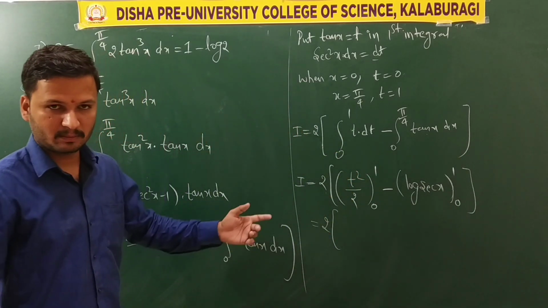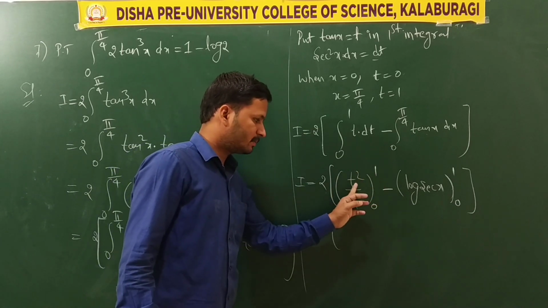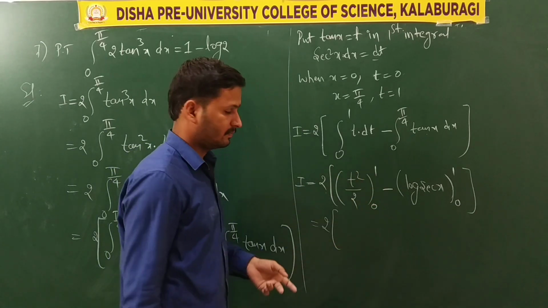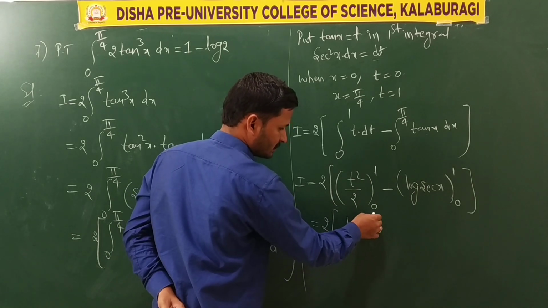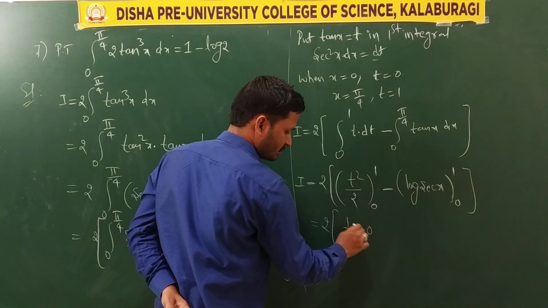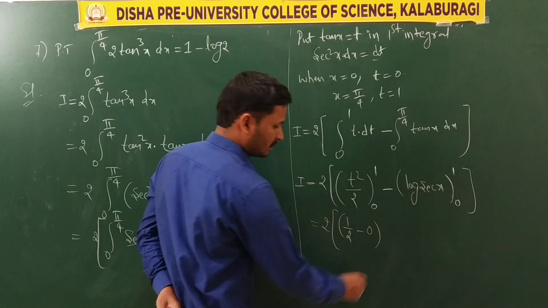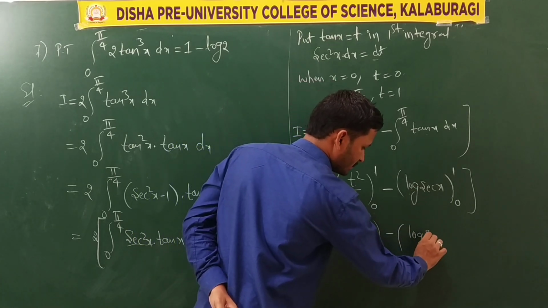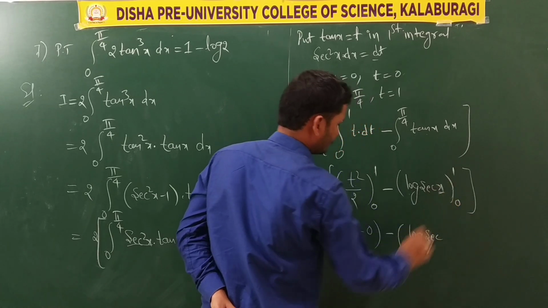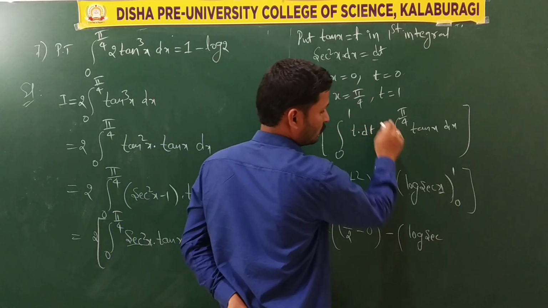According to the fundamental theorem of calculus, substitute the upper and lower limits and take the difference. Put 1 in the place of t: 1/2 minus, put 0: 1/2 minus 0. Next minus log of secant x from 0 to pi by 4.